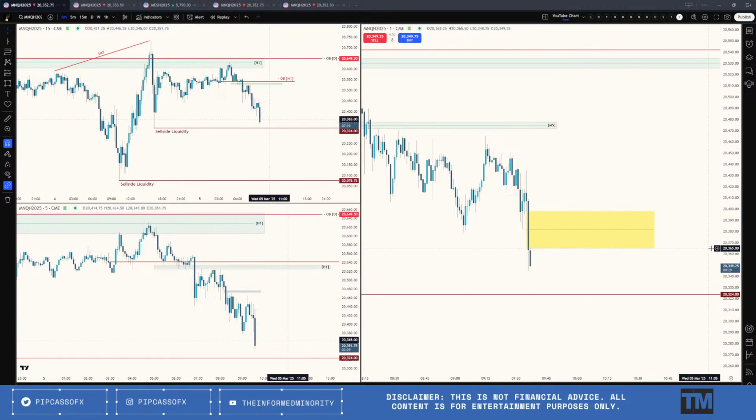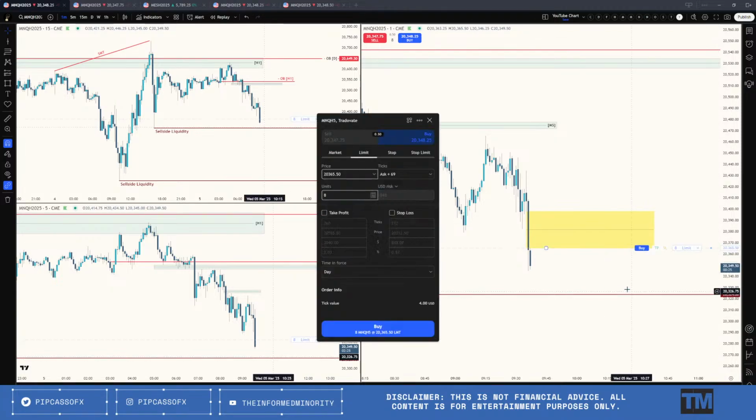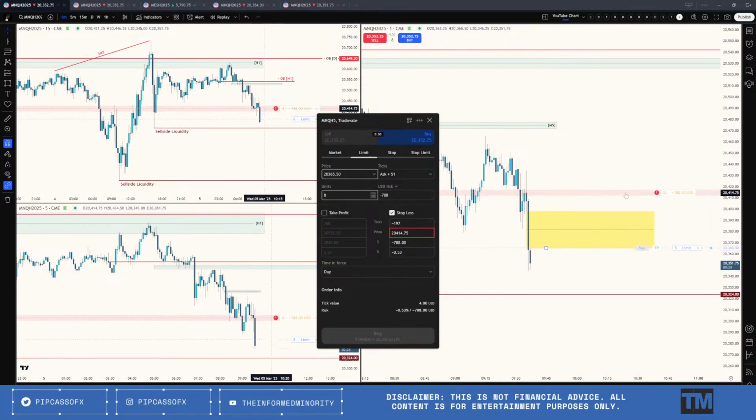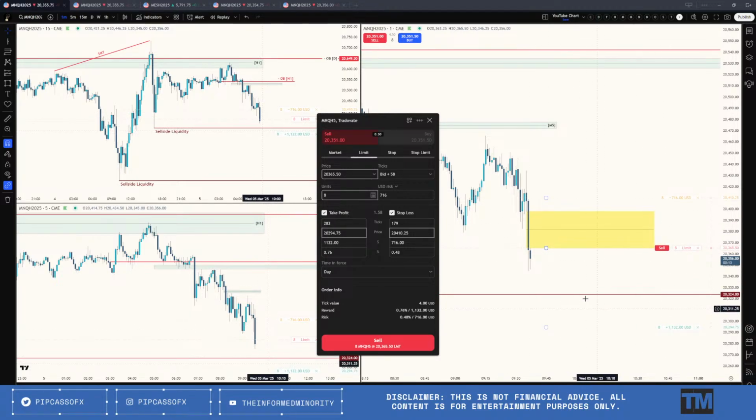Just as long as we don't go straight down there, because I need to see, oops. I don't like that risk to reward right here.